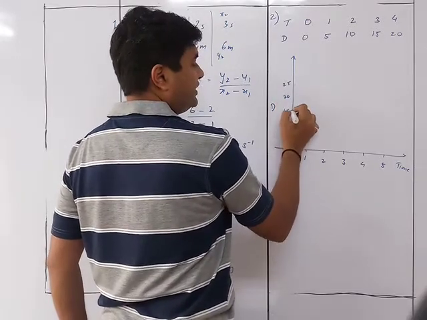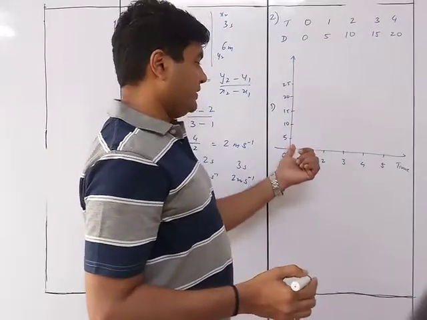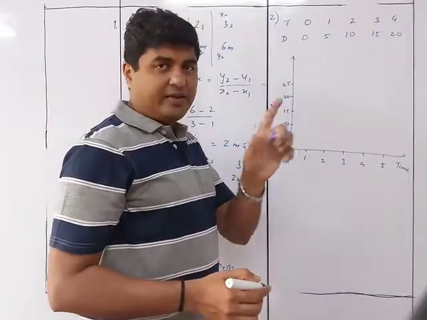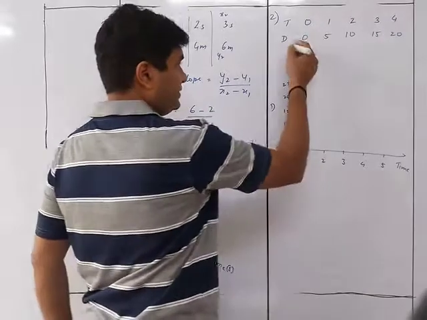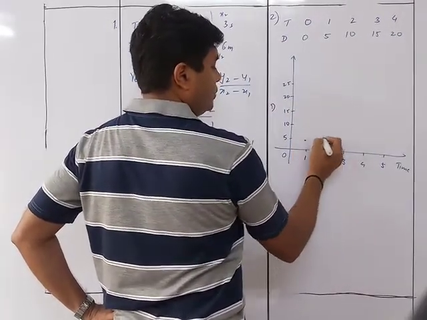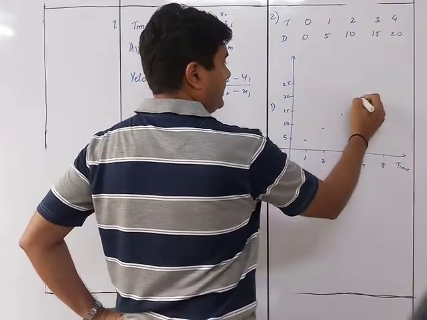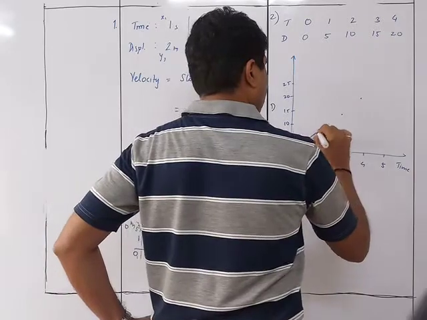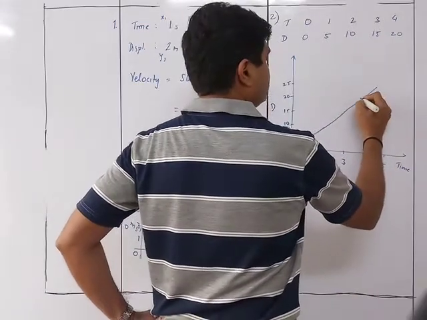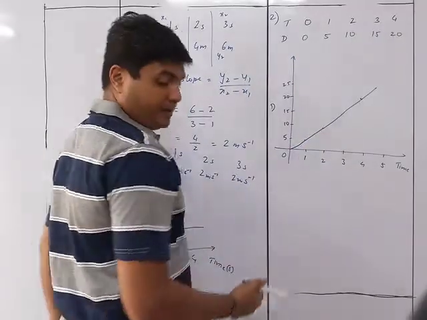You are taking the scale as one line, 1 centimeter is 5 meters. So this gives me the first one as 1 at 5, 2 at 10, 3 at 15 and 4 at 20. This gives me a straight line like this as the resultant displacement time graph.